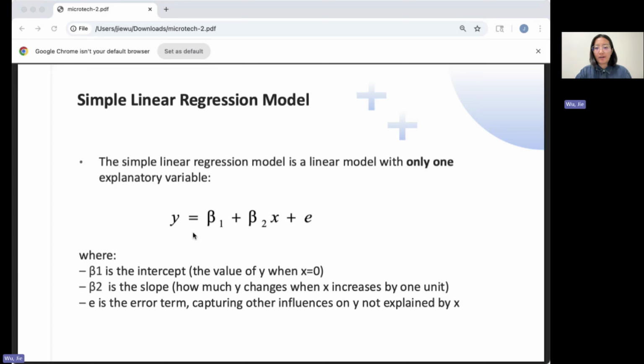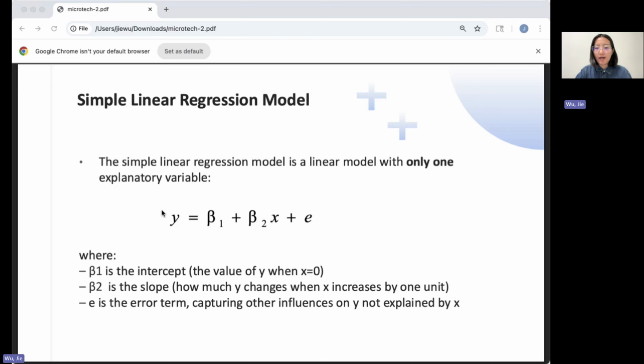Here is the equation: y equals beta 1 plus beta 2 x plus e, where e is the error term. In this model, there are two parts. The first part is the systematic part coming from the theory, that's beta 1 plus beta 2 x. And there is a random part, the error term e, which represents unobserved variation.